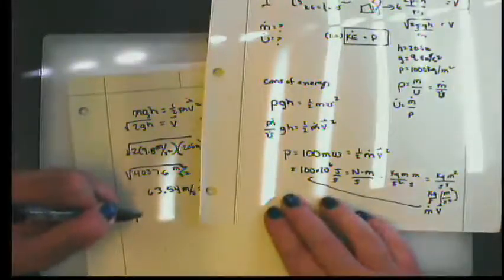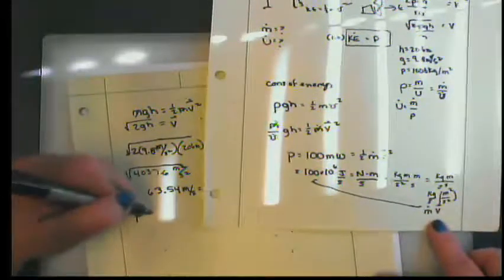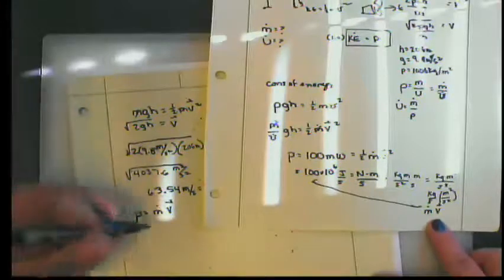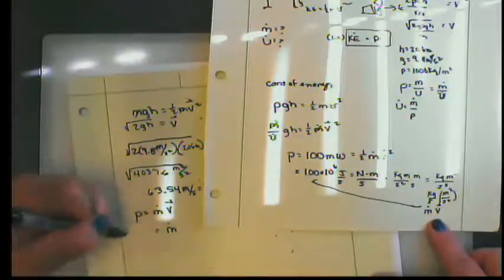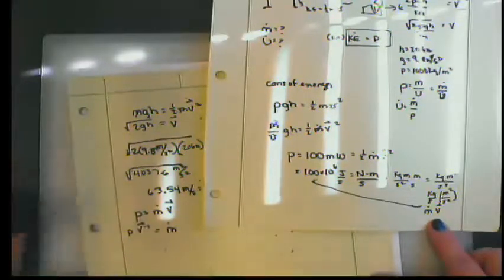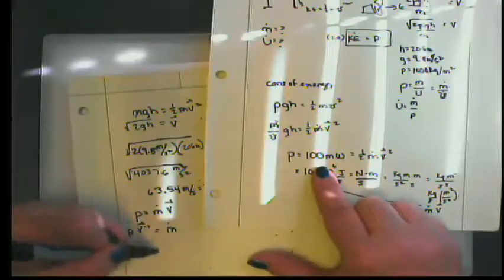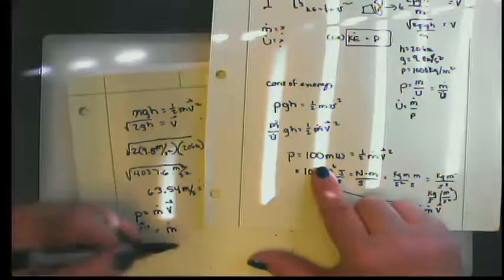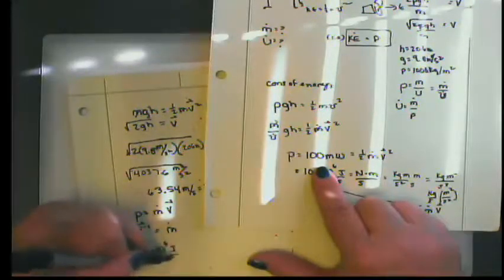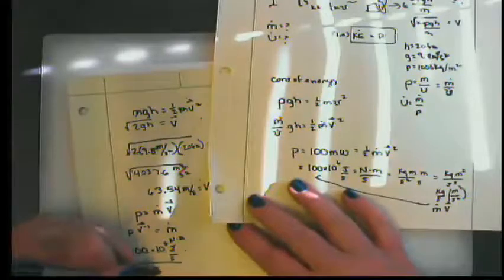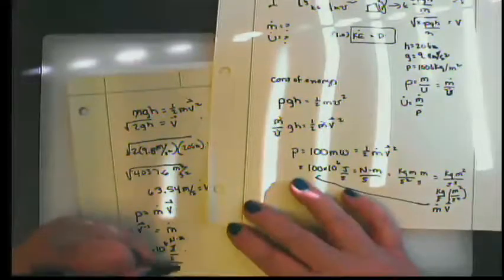The power then is equal to the mass flow rate times the velocity, or mass flow rate is equal to power divided by velocity. Okay, so my power is 100 megawatts, 100 times 10 to the 6th watts, joules per second, or Newton meters per second, divided by my velocity of 63.54 meters per second.